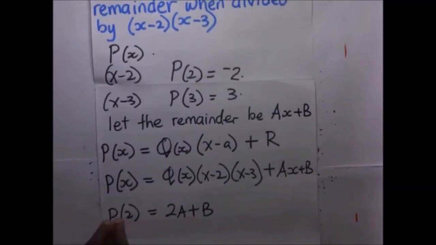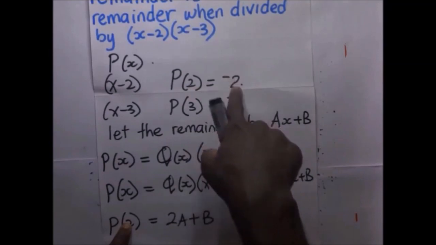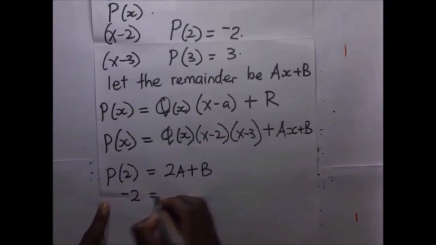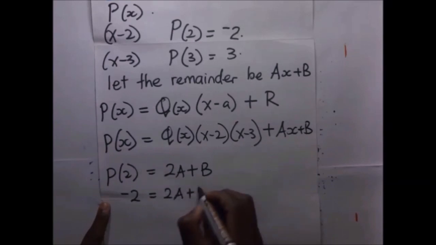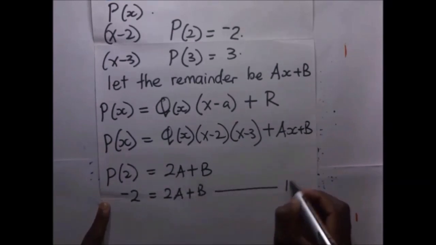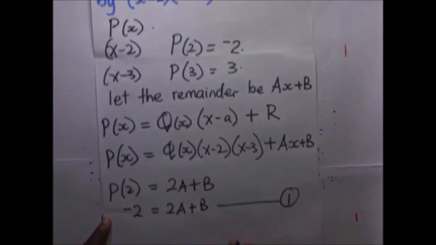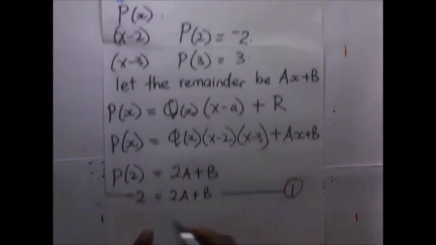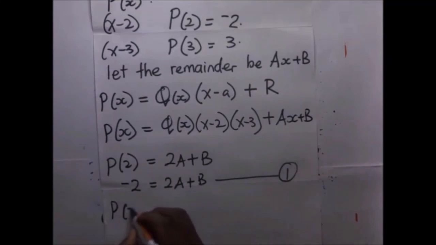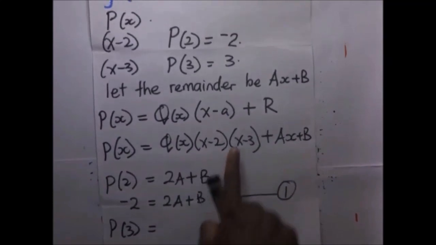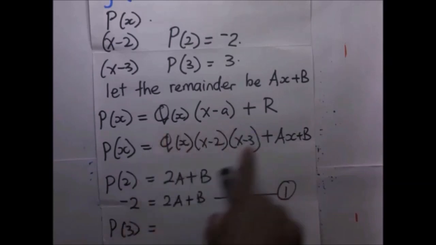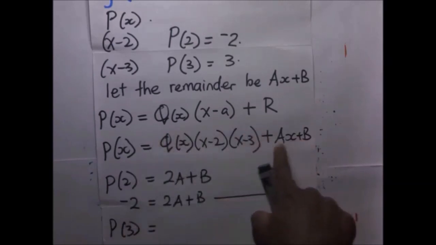But we know that for the polynomial where the value of x is 2, we get a remainder of negative 2. So it means that negative 2 is going to give us 2a plus b. That gives us our first equation. Now we do the same for when the value of x is 3. So for p of 3, when we feed in 3 here, 3 minus 3 is going to be 0, so this whole term will die and we remain only with 3a plus b.